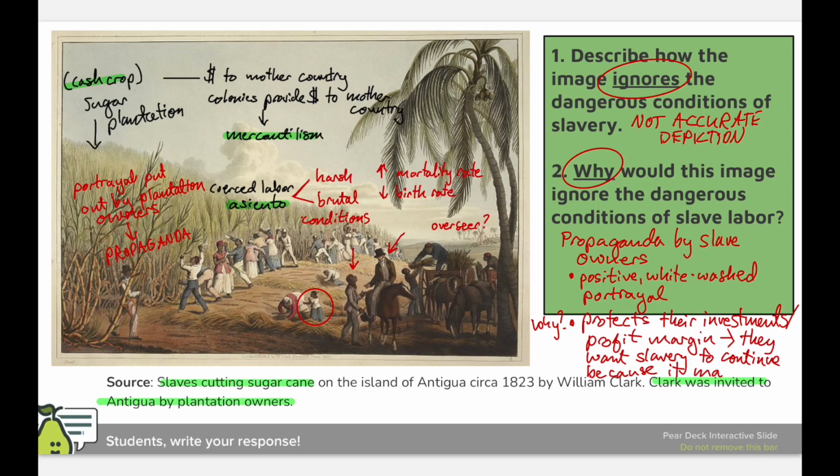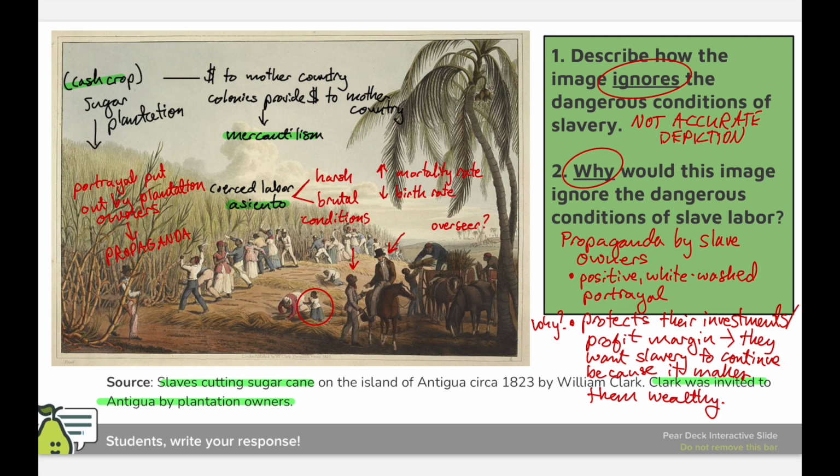Why would plantation owners be interested in paying an artist to depict slavery in this way as opposed to how it is in reality? Good, Sam. To make it look like it's not as bad as it is.